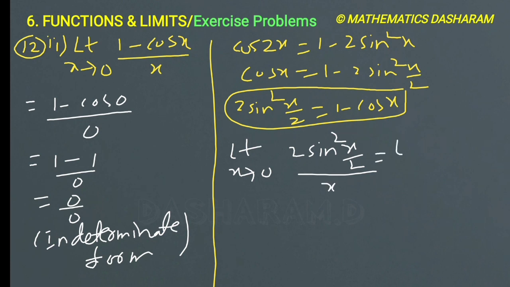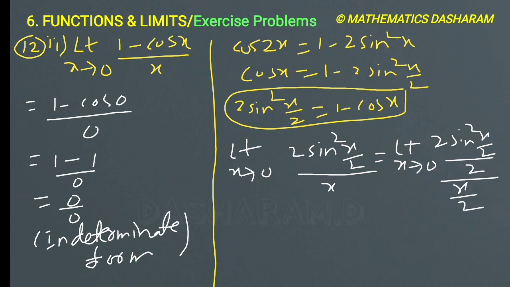Then numerator is divided by 2 and denominator is also divided by 2. So then it is equal to, here 2 cancels, limit x tends to 0 of sin square x by 2 by x by 2.